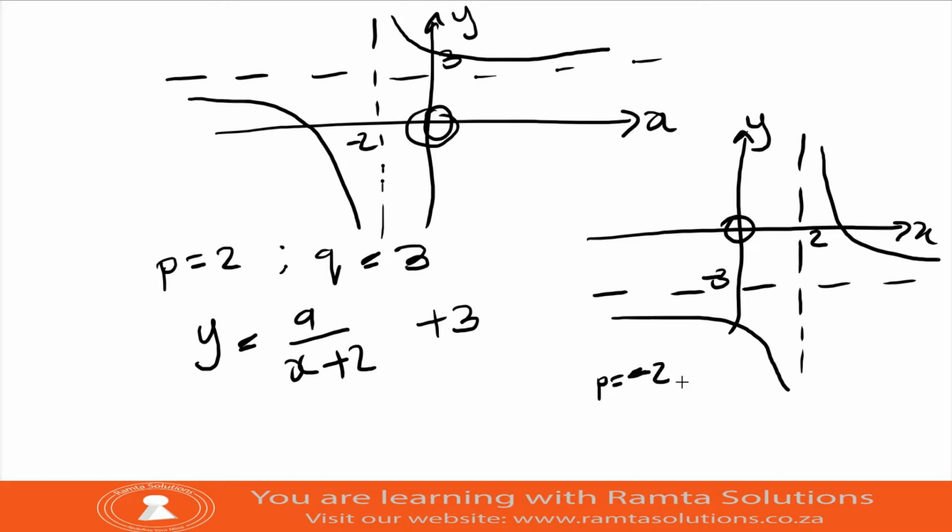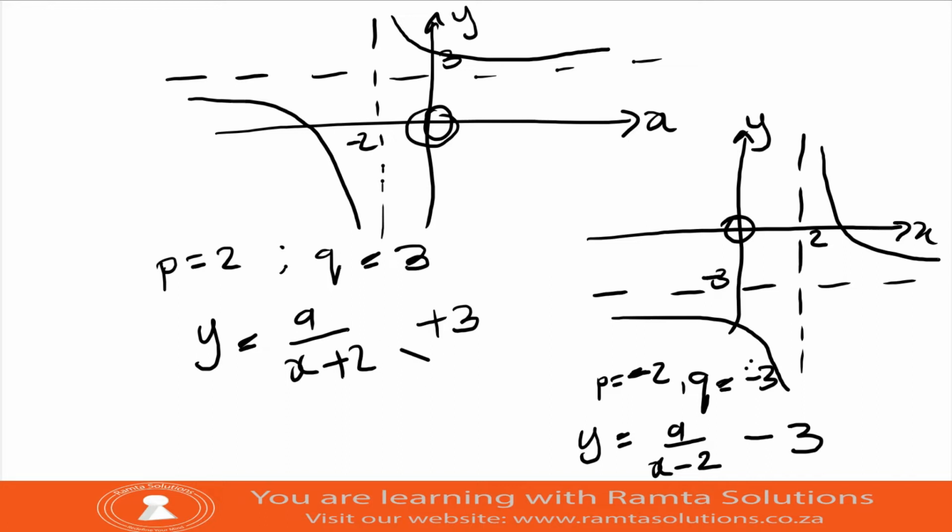And then what is q? It has shifted down, so it will be -3. Our graph here would be y equals a over x minus 2 minus 3. Do you guys see that? So when you are finding your equation of a hyperbola, you look at these things and you will be able to find your p's and q's.